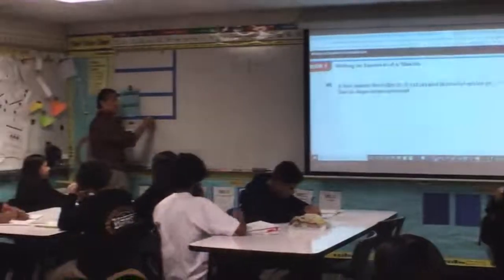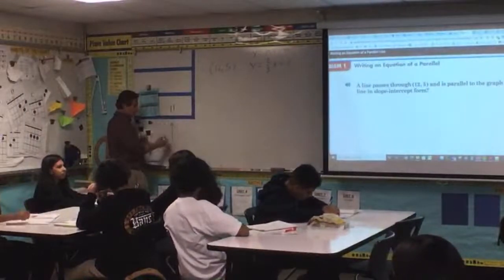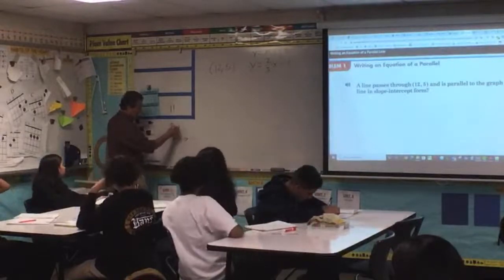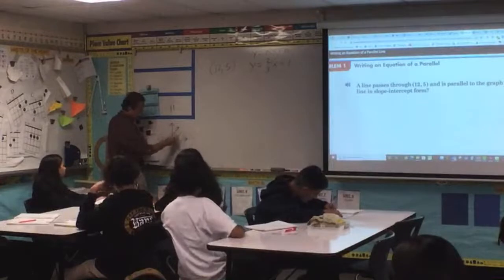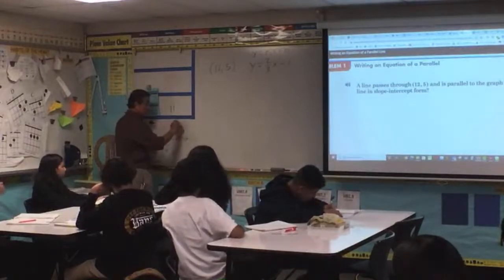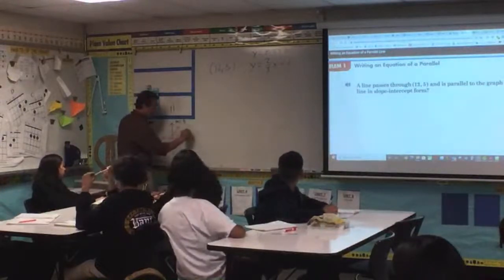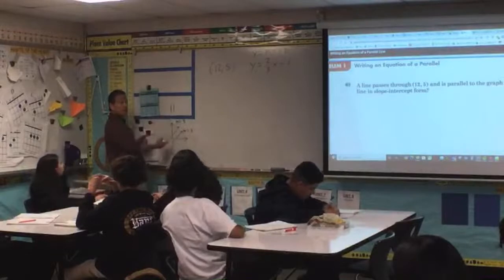If I have something that is parallel, then this is what I'm saying. On a graph, if I have a line going like this, this line right here is exactly the same. So this line has a slope of, let's say, 3. This line has a slope of 3. Both slopes are the same, so they are parallel.